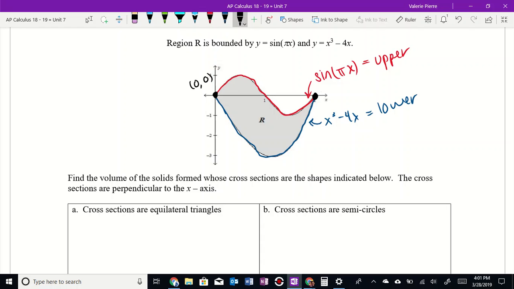So 0, 0, and 2, 0. Okay. And since the problem tells us that all these cross sections are perpendicular to the x-axis, we're going to be using the x values for our limits of integration. So all these limits of integration will be from 0 to 2.